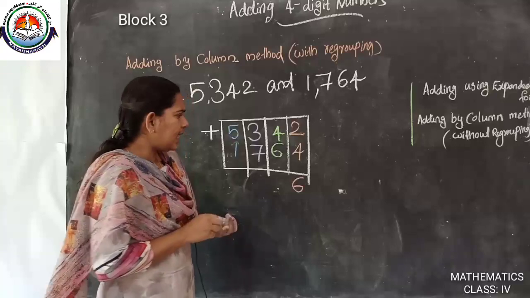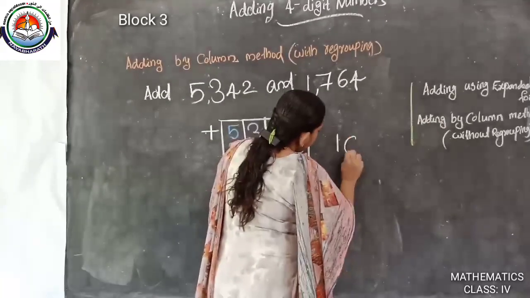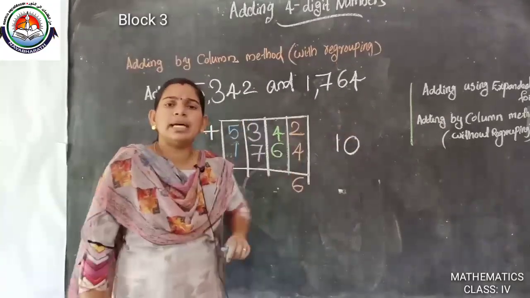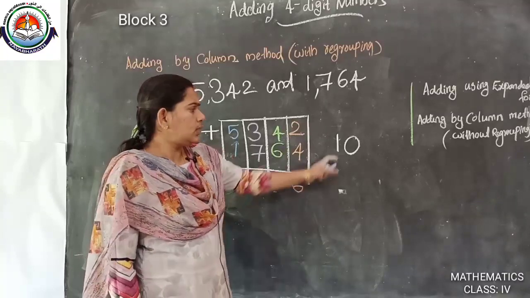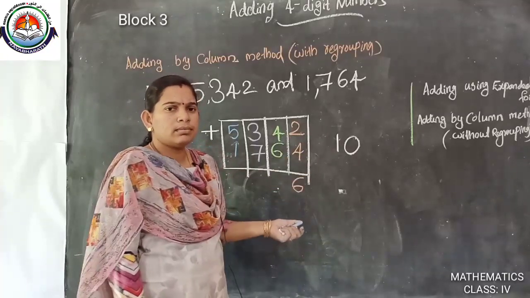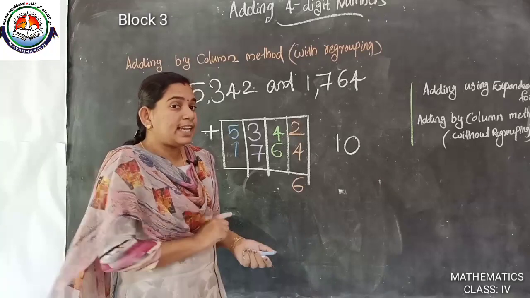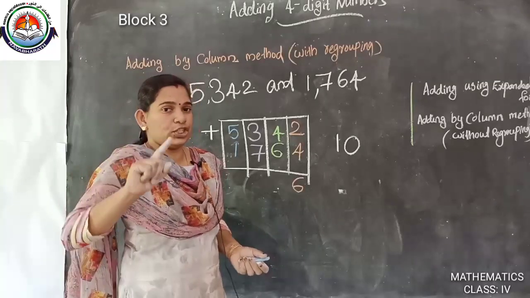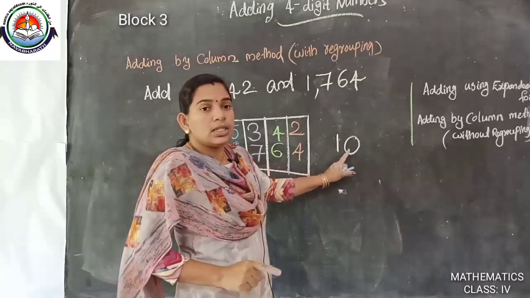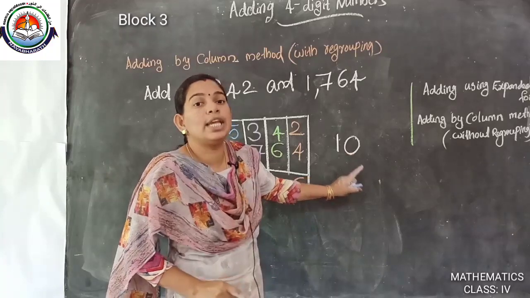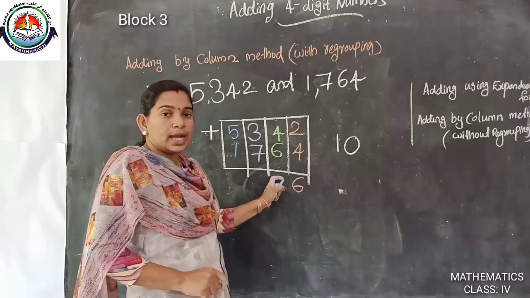Do we write the whole 10 here? It has 2 digits. No. What do we write here? The right side digit, the ones place digit, 0. So we write 0 here.